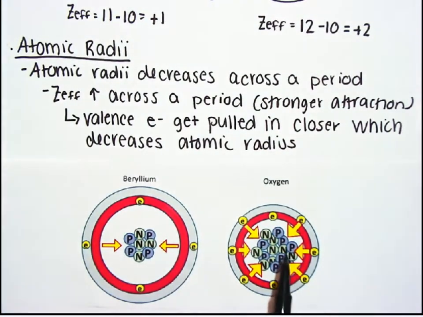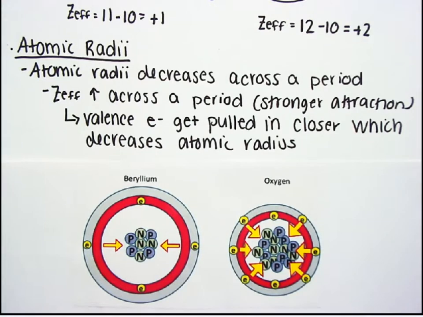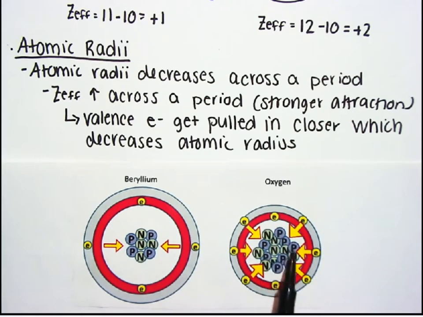So I see that the atomic radius of oxygen is much smaller than beryllium. Again, the reason why: these positively charged protons are going to be attracted to our negatively charged electrons. Well, as ZEF increases, as we have more protons, it's going to cause a stronger pull on those electrons. If I have that stronger attraction, those electrons get pulled in tighter, so my atomic radius is going to go down.